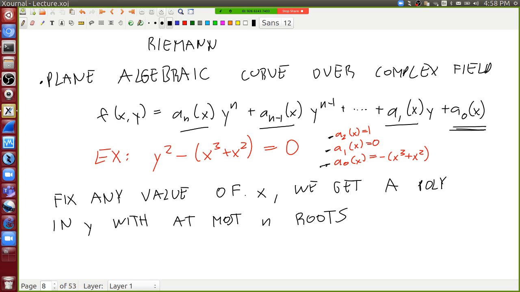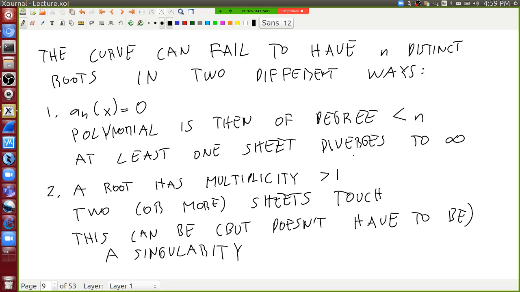Then we can fix any value of x. That'll just fix these a values, and we get a polynomial in y. The complex field is algebraically closed, so we can just extract its roots, or at least at most n roots. When can we not have n roots? Two basic cases.